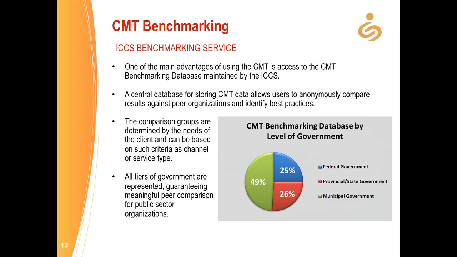So, for instance, if we receive data from a municipal police service, we might create benchmarking groups based on an overall, municipal, and police lenses. In the first one, we would include all units in our database. In the second, we would have only municipal organizations.